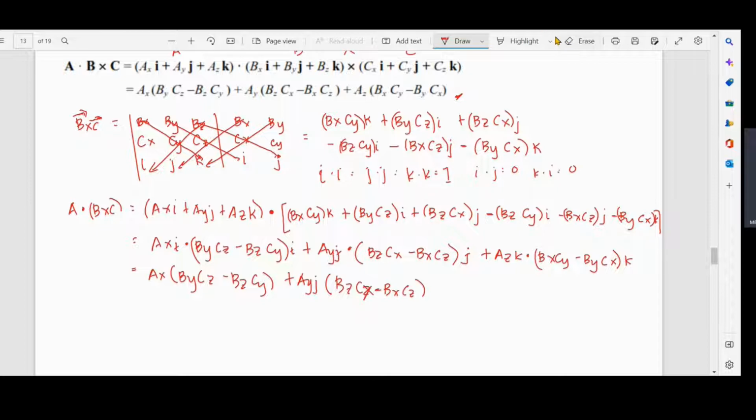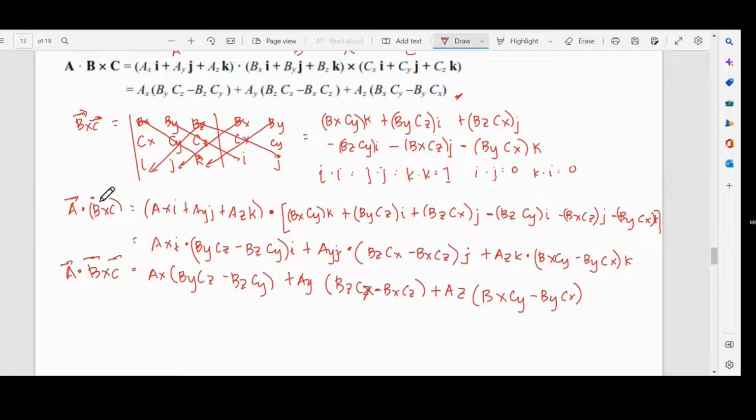Sorry. Tanggalin na natin yun. J may J pa. Wala na. Kasi J.J will be equal to 1. Plus AZ, tapos BXCY minus BYCX. So, ito nga yun yung sagot sa A dot B cross C.